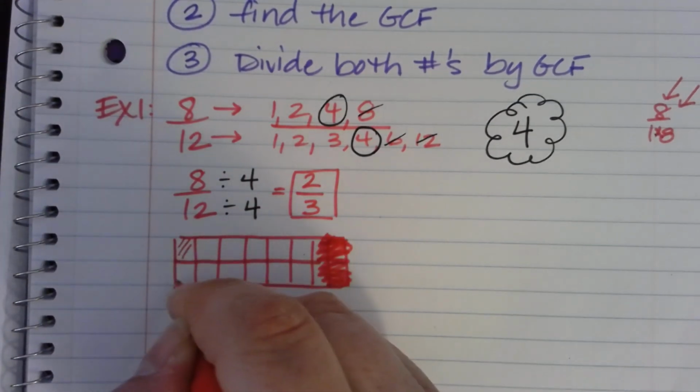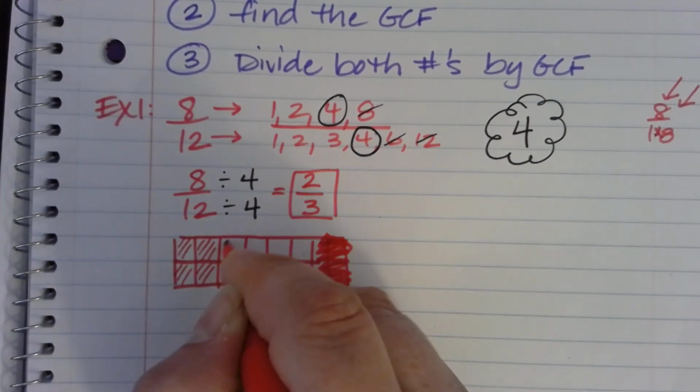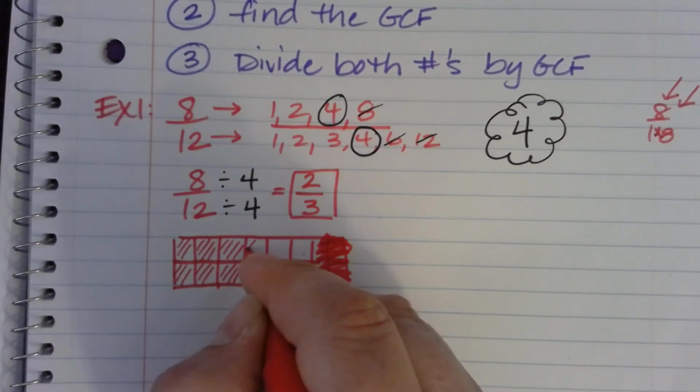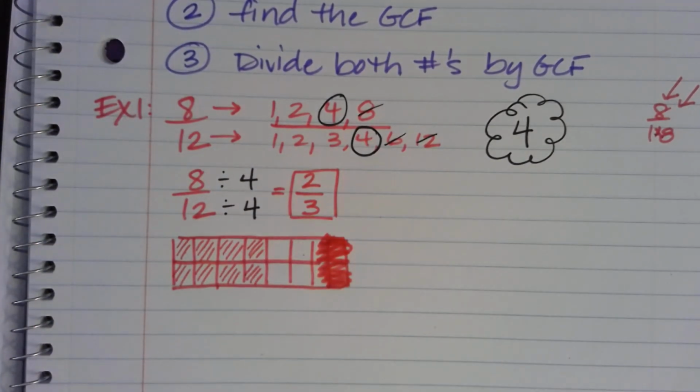All right, so 1, 2, 3, 4, 5, 6. By the way, when I write, you write. 7, 8. All right. Everybody with me? Yep. So here's 8/12.